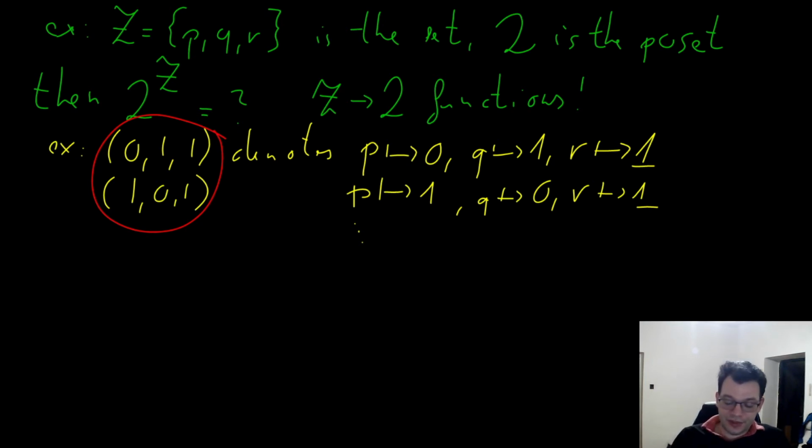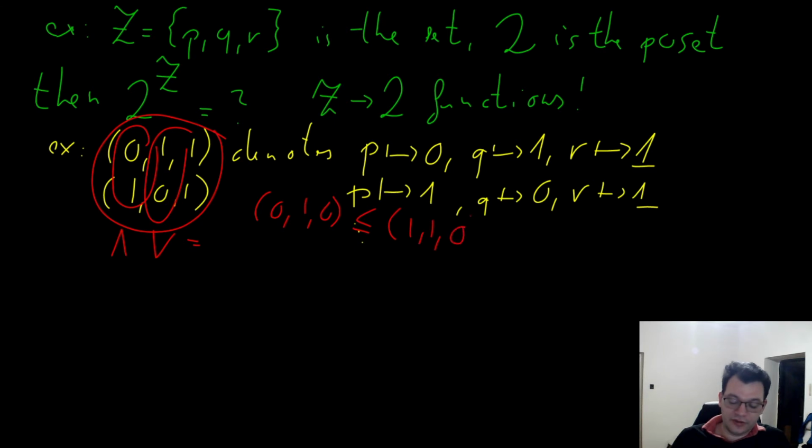So for example, these two assignments are not comparable because on the first coordinate we have a relation like this, and on the second coordinate we have a relation like this, and on the third coordinate we have equals, which is fine, but in order to be comparable it has to be the case that all the elements are ordered in the same direction. So for example, 0, 1, 0 is smaller than or equal to, say, 1, 1, 0, because in the first coordinate we have smaller than or equal to, and on the second and on the third one as well, or 1, 1, 1.